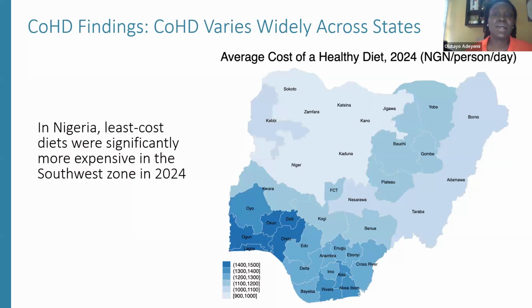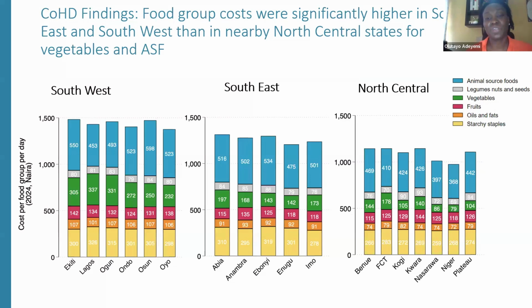So from August 2023. And the other thing we've seen is that it varies widely across states. So you may see states that are neighboring and you have the costs of healthy diets almost double, with one state being almost double its neighboring states. And so what this information showed us, one of the things we did was look at which food groups were driving the significantly higher cost, and vegetables and animal source foods are consistently food groups where there's a lot of variation.